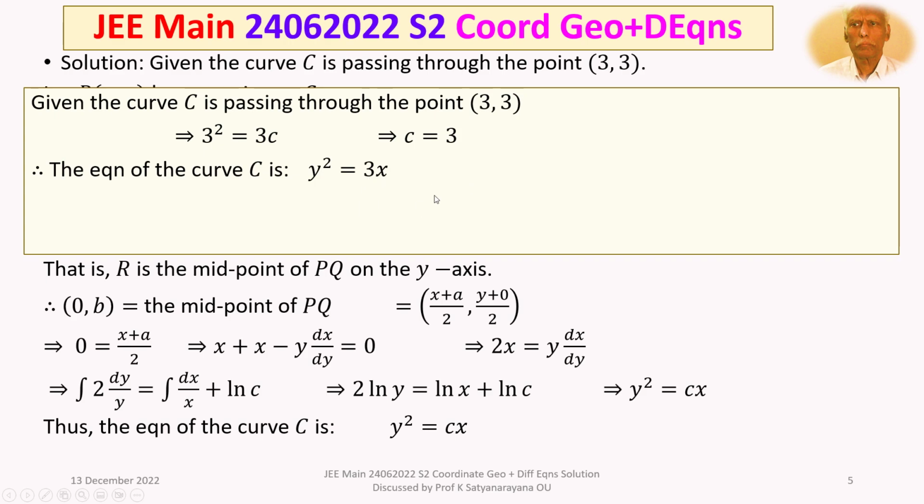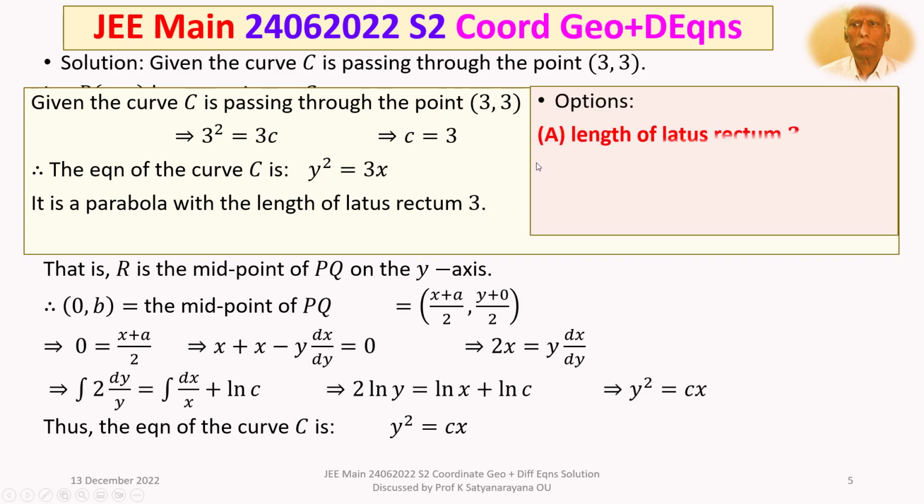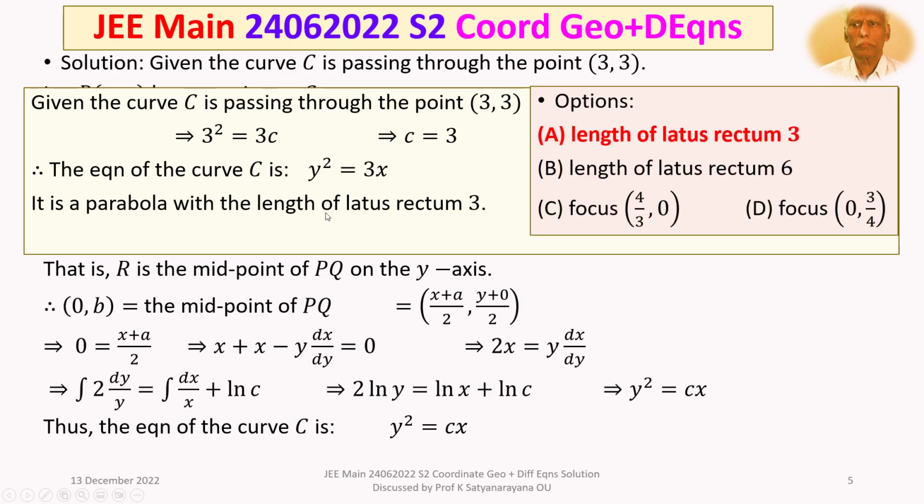So the length of the latus rectum of this parabola is 3. Let's look at our options. Our answer, that it is a parabola with the length of latus rectum 3, appears against option A. Therefore, our answer to this question is option A.